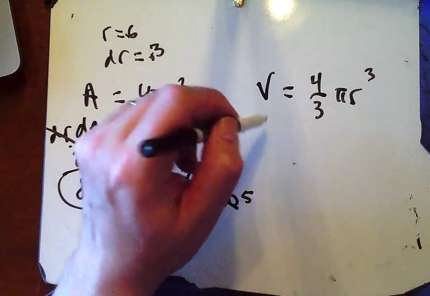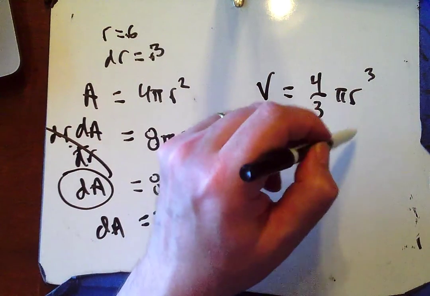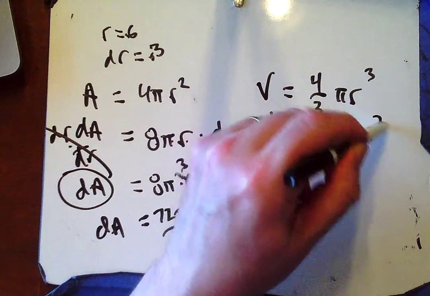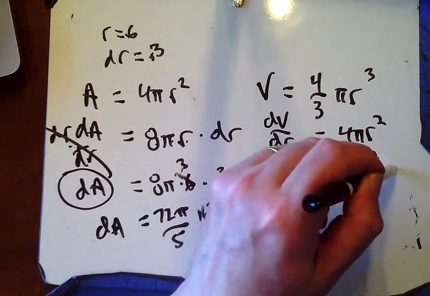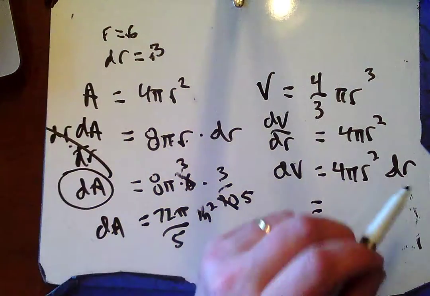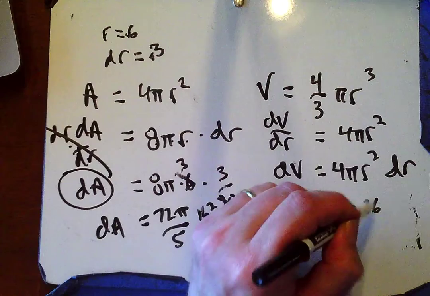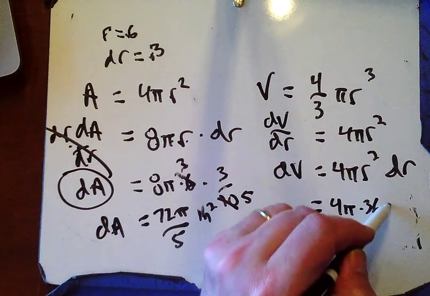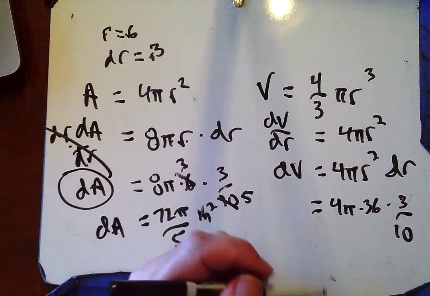We can do something similar over here where we take the derivative of both sides with respect to r. And so we know that dV is 4 pi r squared dr. Again, we're going to plug in our radius and our dr. 4 pi times 36, because 6 squared. And dr was 0.3 or 3/10.